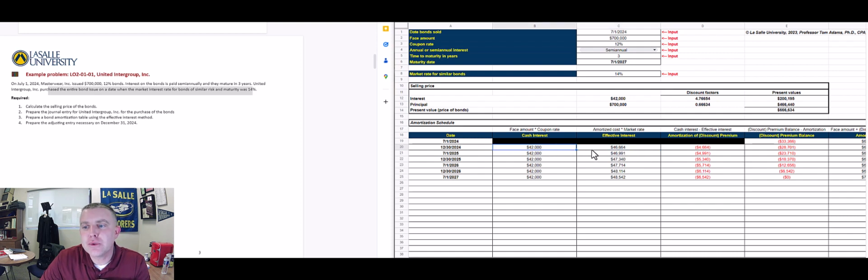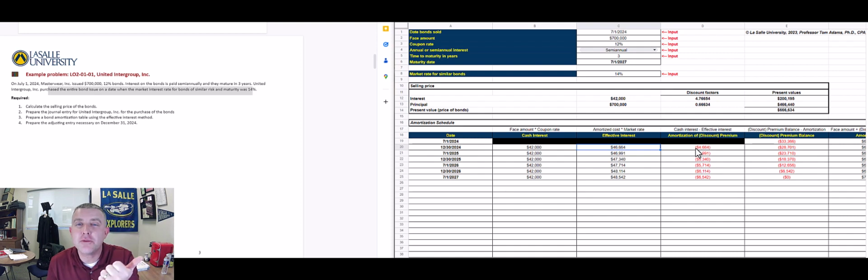And then the difference between the cash interest being paid and the effective interest, we call the amortization of the discount. All right? And another way that you could think about this is if you take the cash interest plus the amortization of the discount, that gives you your total effective interest. So what we are saying in effect is that our interest is being received in two forms.